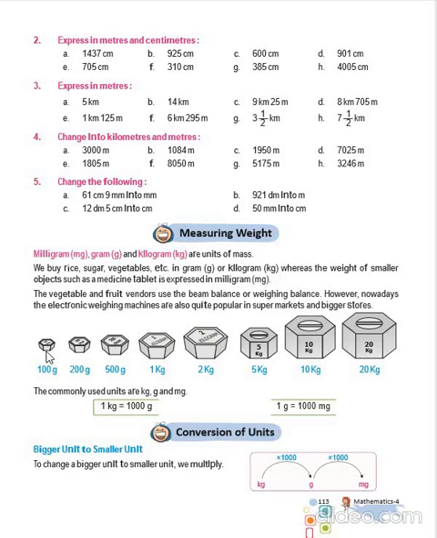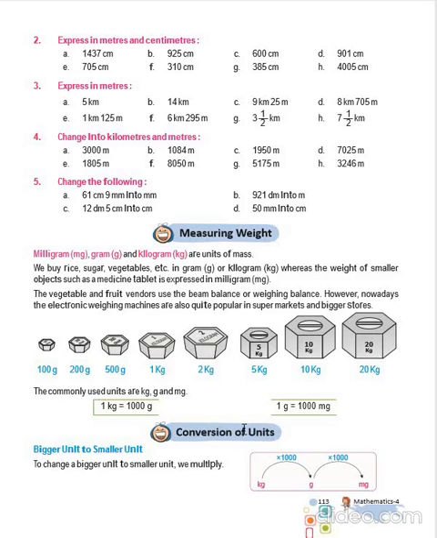These are the weighing balance weights. This is for 100 grams. This is for 200 grams. This is for 500 grams. This is for 1 kg. This is for 2 kg, 5 kg, 10 kgs and 20 kgs.